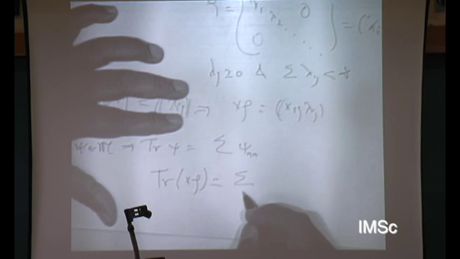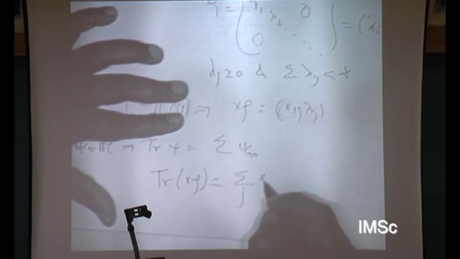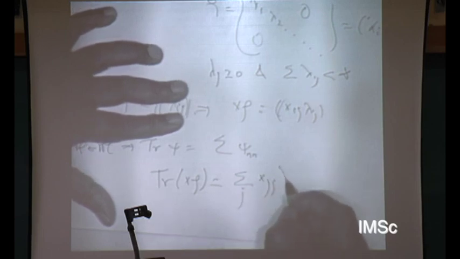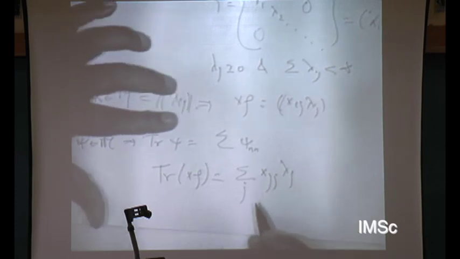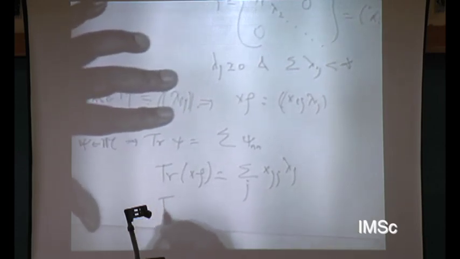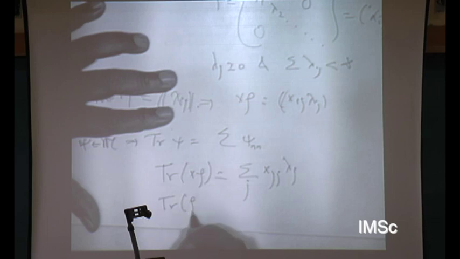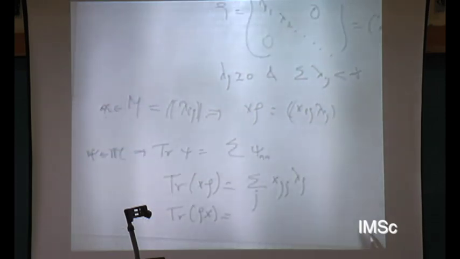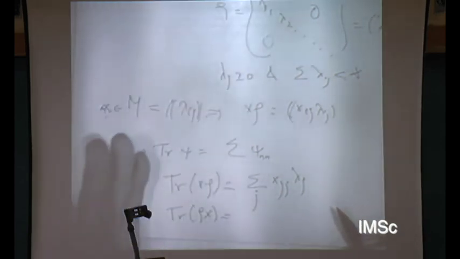Summation over j of x_jj lambda j. And what is the trace of rho x? Now rho is sitting on the left side.